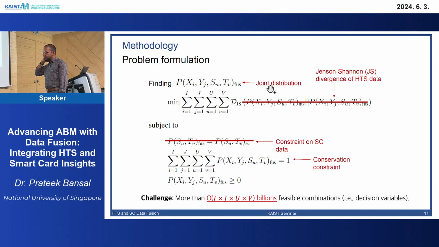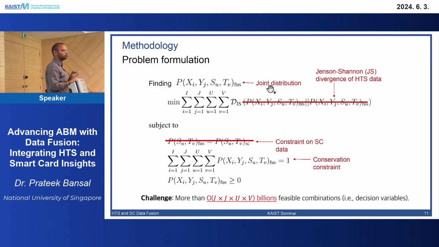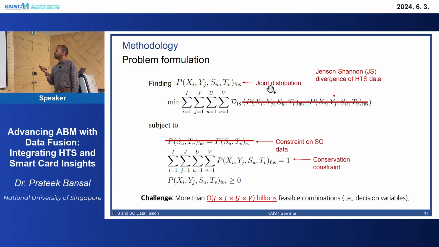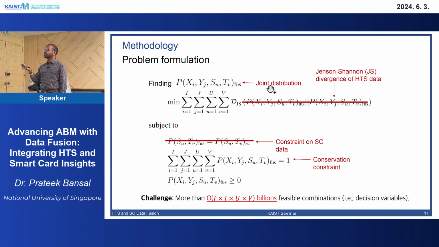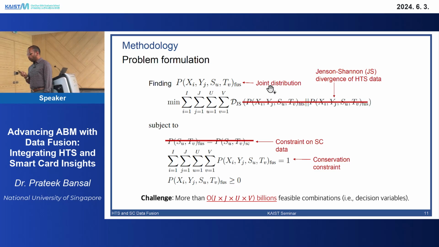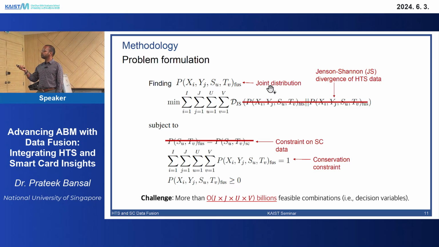Okay, so let's think about this data fusion problem from the basic principles that we have learned so far. So what do we want to do? We want to find the joint distribution of the X, Y, S, and T, right? And what we want to really minimize is the distance between the distribution of X, Y, S, and T that we observed in the HTS and the fused distribution.